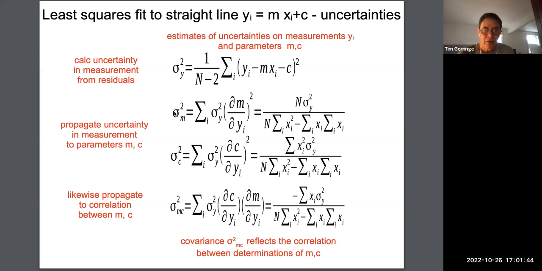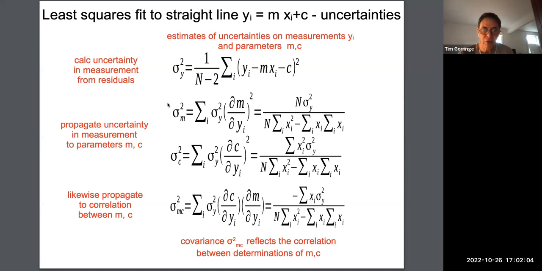So sigma m squared is the square of the standard deviation, or the variance, on the slope. Sigma c squared is the variance, or the square of the standard deviation, of the offset.